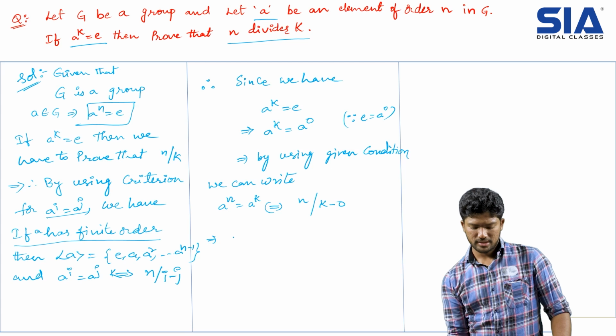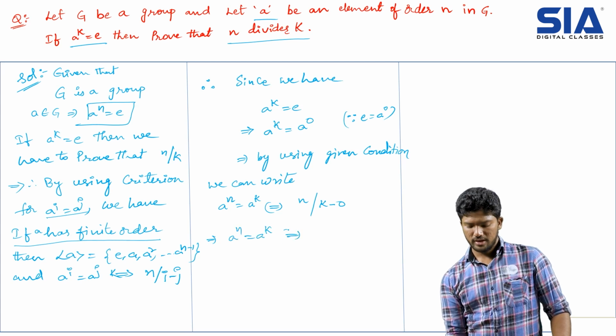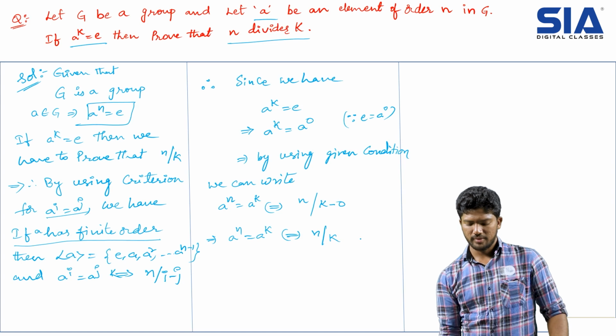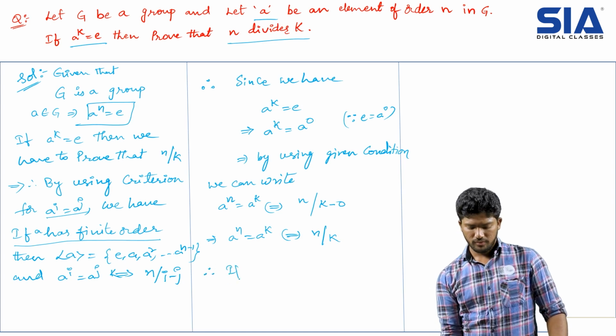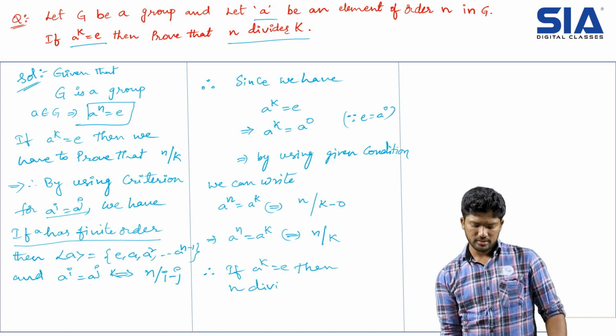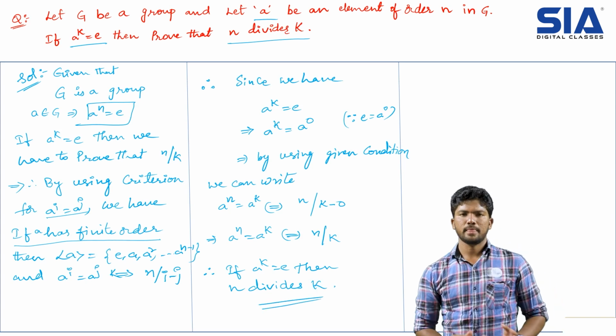So that implies a power n is equal to a power k if and only if n divides k. So therefore, if a power k is equal to e, then small n divides k. Okay, this is the problem.